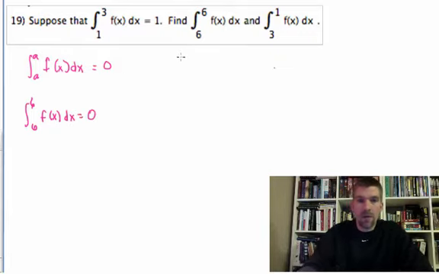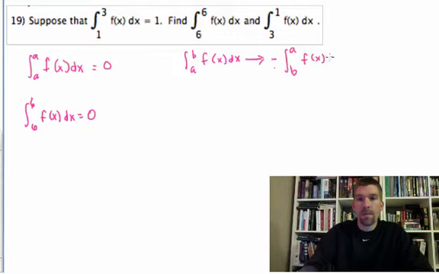Now let's look at the other guy. One of the other rules that we had was if we integrate from a to b of f(x) dx, these are equal: I can put a minus sign out in front, and change my upper and lower limits to go the other way. Well, looky here. This guy is a carbon copy of this guy, but with numbers backwards.